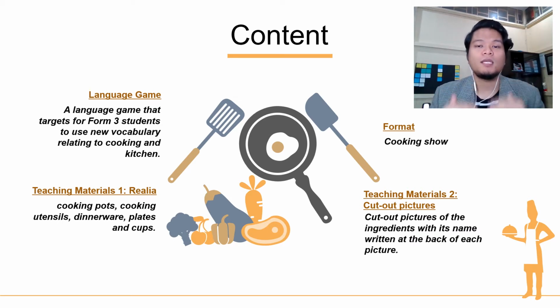In this language game, we are going to be using two teaching materials. The first is realia, such as cooking pots, cooking utensils, dinnerware, plates and cups, and many other realia. The second is cutout pictures of the ingredients, with the name written at the back of the picture.